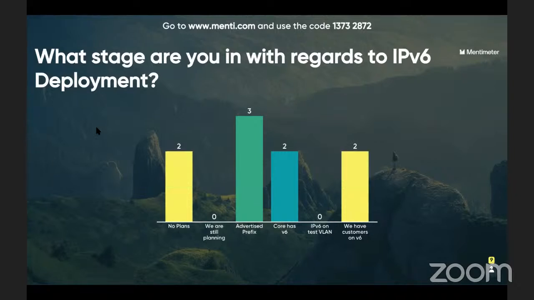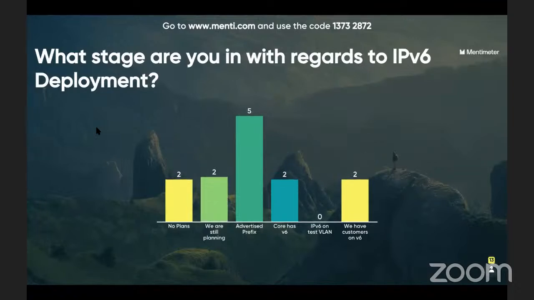Okay, 2 people with customers on V6. You can see more responses. Should be more than 60. I'm just targeting at least half of us, and then we can move on.